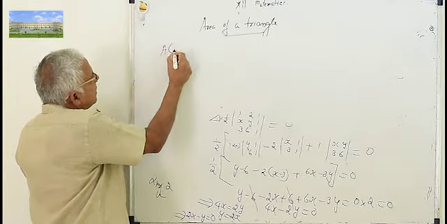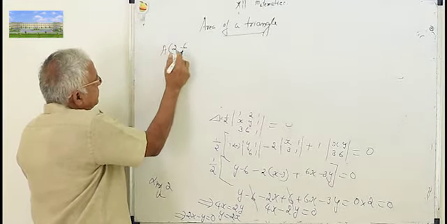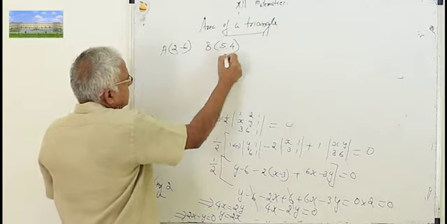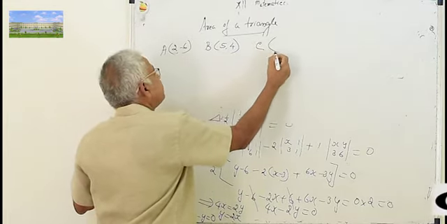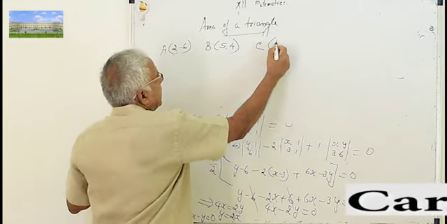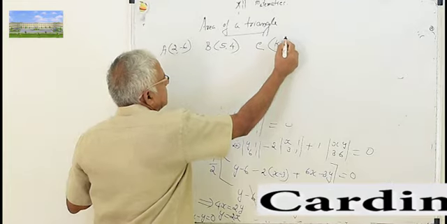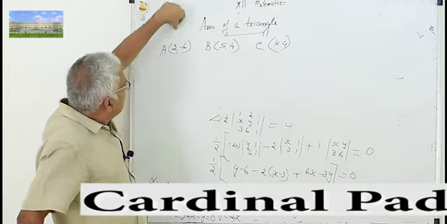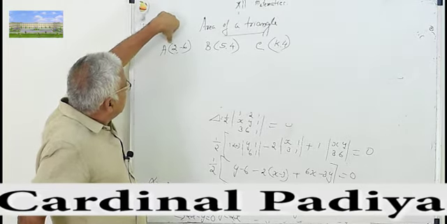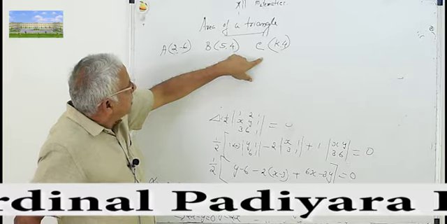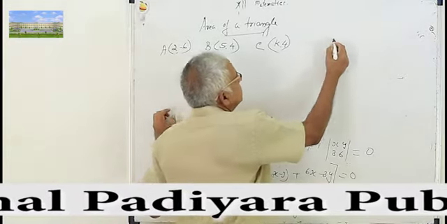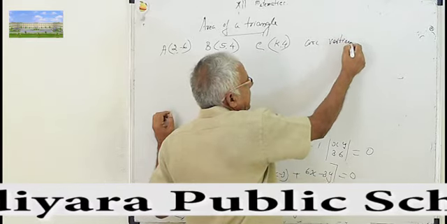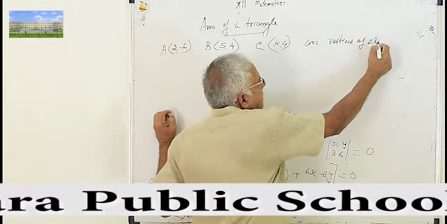A (2, minus 6), B (5, 4), C (K, 4) are 3 vertices of a triangle ABC.